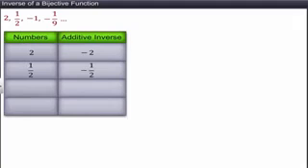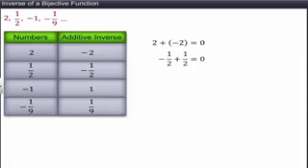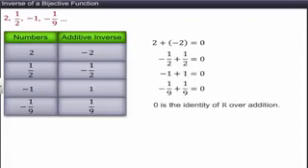The additive inverse of minus 1 is 1, and the additive inverse of minus 1 by 9 is 1 by 9. It is to be noted that, on adding the inverse of a number to it, we get 0, which is the identity of the set of real numbers over addition.